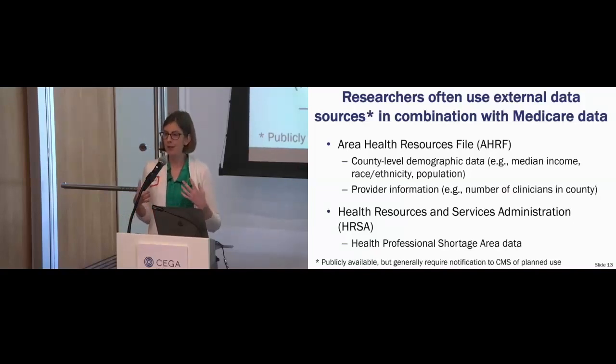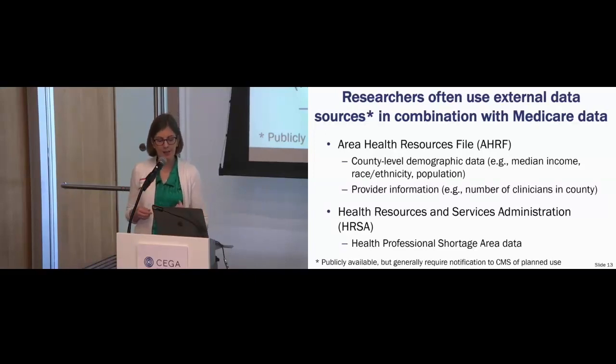It provides information at the county level on demographics of the county, median income, race, ethnicity, population. It has information that allows you to calculate indices like the social deprivation index and so on. It also includes provider information. So for example, the number of clinicians of certain specialty types that are in a given county, in case you're interested in understanding questions related to access to care in a given place.